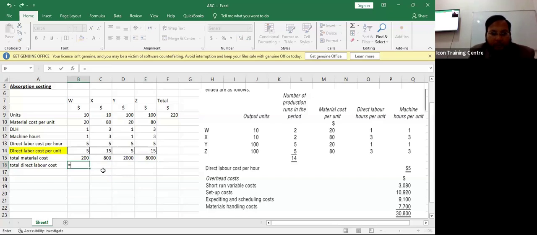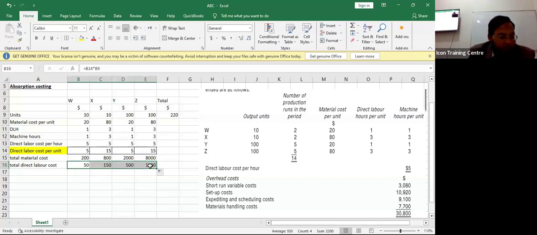It will be per unit multiplied by number of units. So 50 for W, 150 for X, 500 for Y, and 1500 for Z.